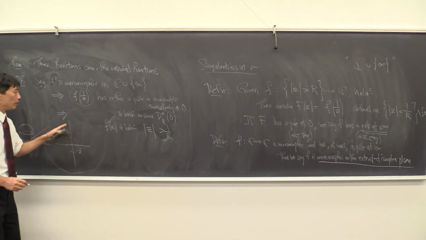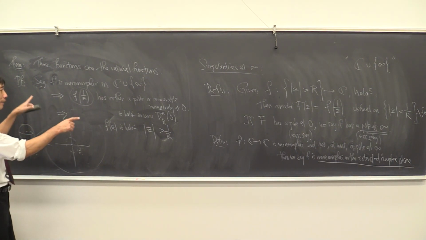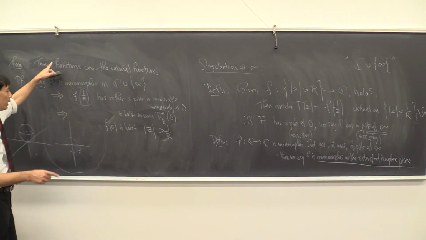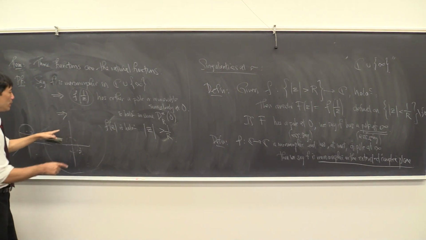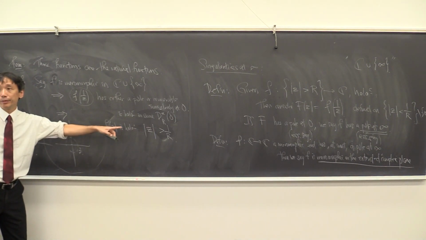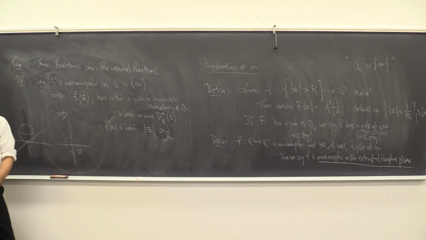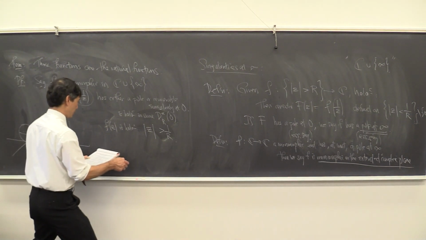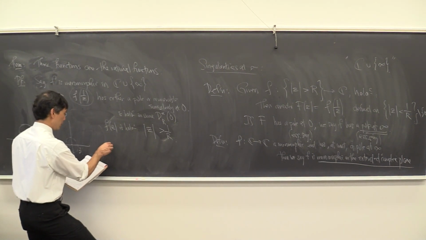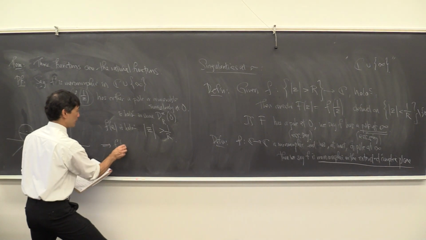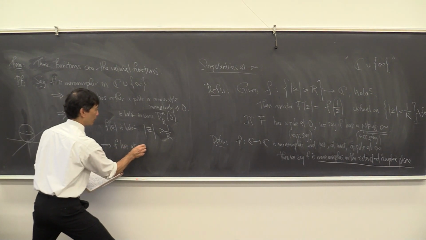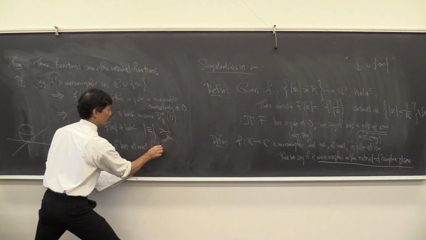So what does that tell you? That if there are any poles, excluding the pole at infinity, they all lie inside of this bounded disk. So f has, at most, finitely many poles.